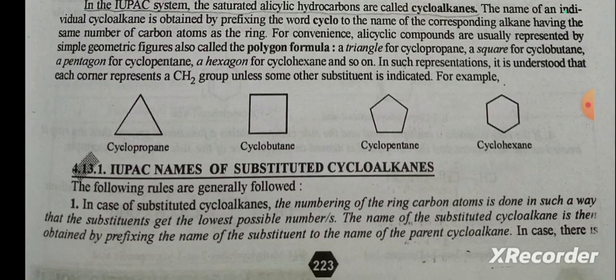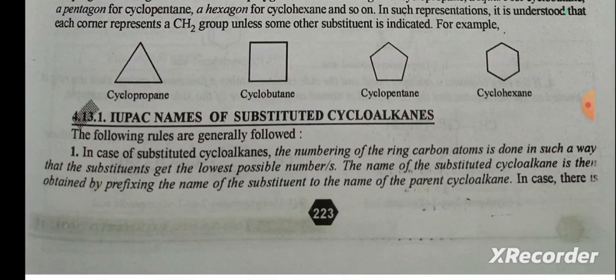For convenience, alicyclic compounds are usually represented by a simple geometrical figure, also called a polygonal formula: a triangle for cyclopropane, a square for cyclobutane, a pentagon for cyclopentane, a hexagon for cyclohexane, and so on. In such representations, it is understood that each corner represents a CH2 group unless some other substituent is indicated. For example, cyclopropane, cyclobutane, cyclopentane, cyclohexane.